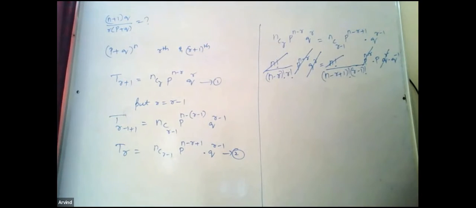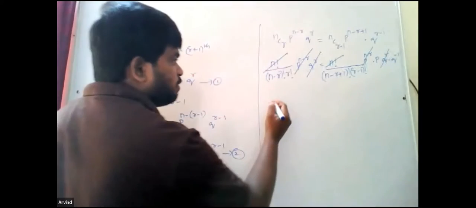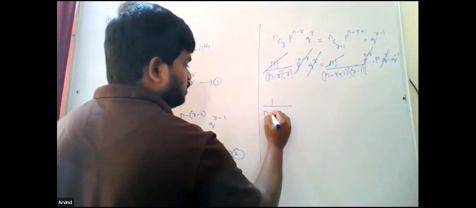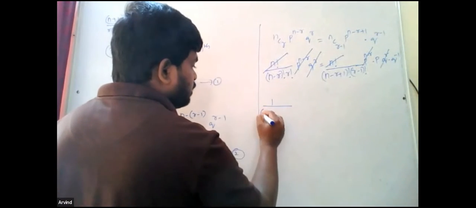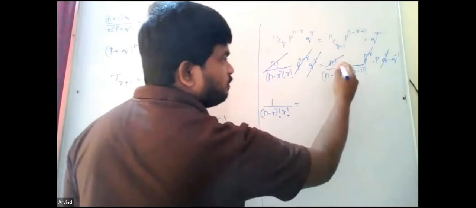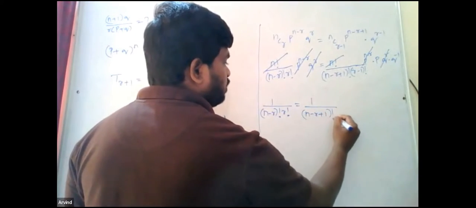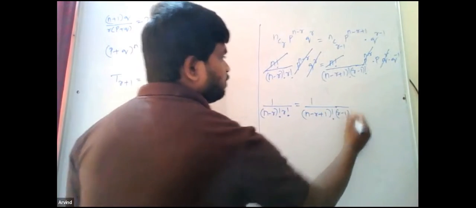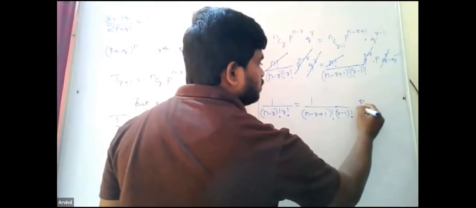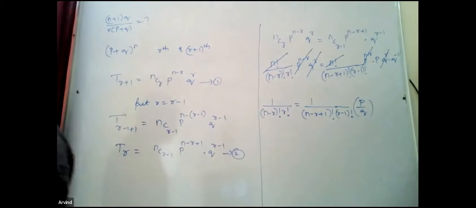So the left out things: 1 by n minus r factorial r factorial is equal to, left out things here is 1 divided by n minus r plus 1 factorial r minus 1 factorial. Where q to the power minus 1 is there, we write it as p by q. Now we are in the last step, we have to just simplify this, that's it.